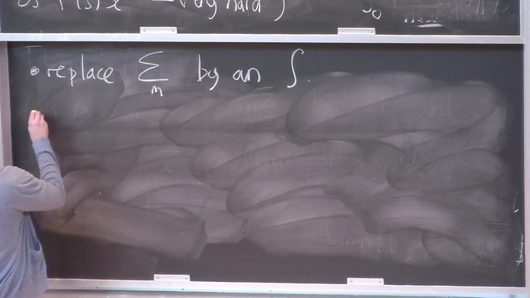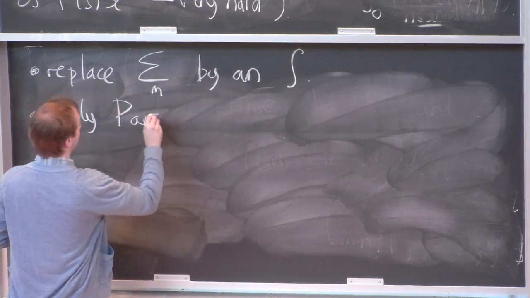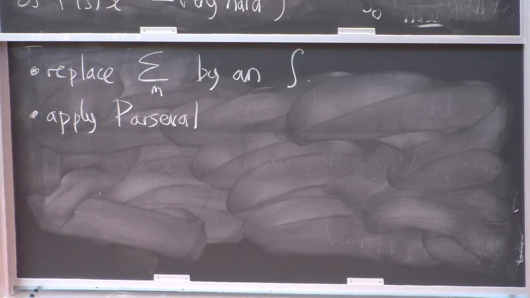So then you can apply a suitable form of Parseval, and when you do that, on the physical space side, you have a sum of f of n. On the frequency side, you have the Dirichlet series or the Euler product, which is what you want.